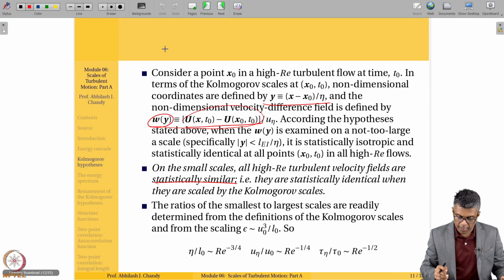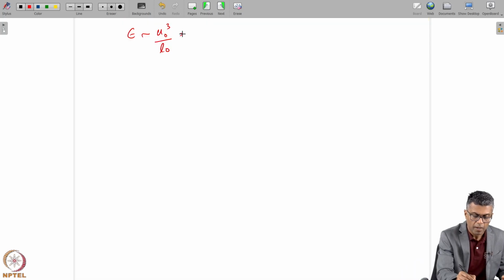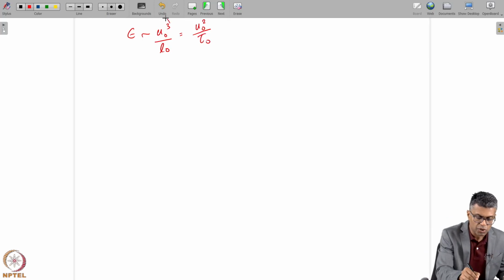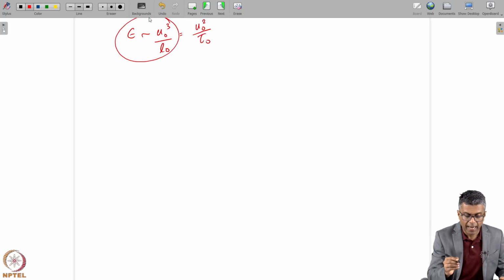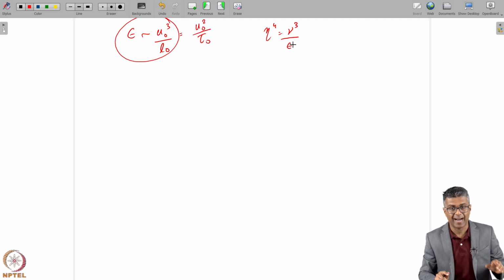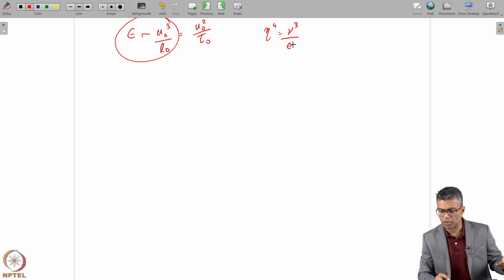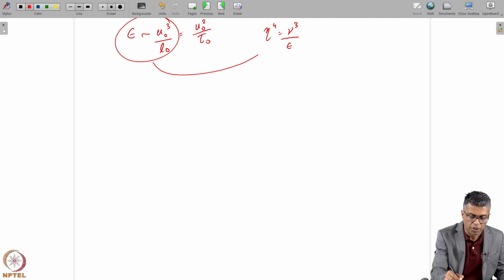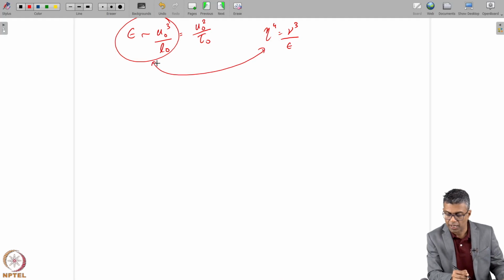Or it is also equal to, if you write it in terms of time scale, u0 squared over tau 0. Be that as it may, I'll just use this part. And I know from the Kolmogorov relationship, eta to the 4 is equal to nu cubed over epsilon. I had it as 1/4, but I took it to the 4th power. And then what I do now is eliminate epsilon from these two equations.